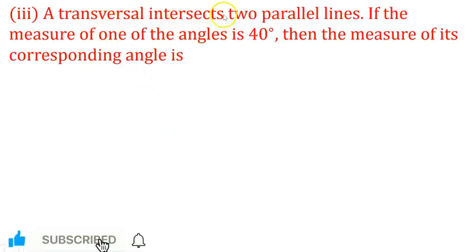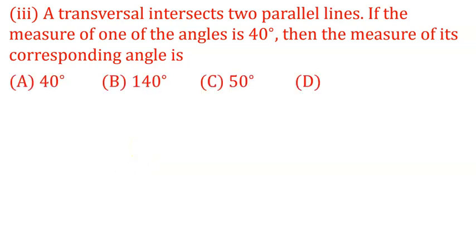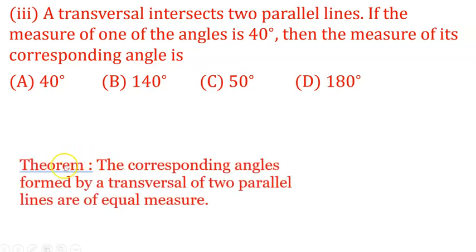a transversal intersects two parallel lines. If the measure of one of the angles is 40 degree, then the measure of its corresponding angle is: again the theorem, the corresponding angles formed by a transversal of two parallel lines are of equal measure. Now see this figure.